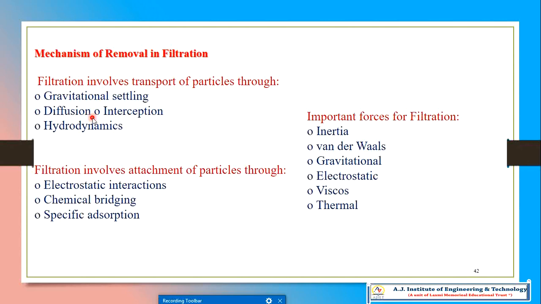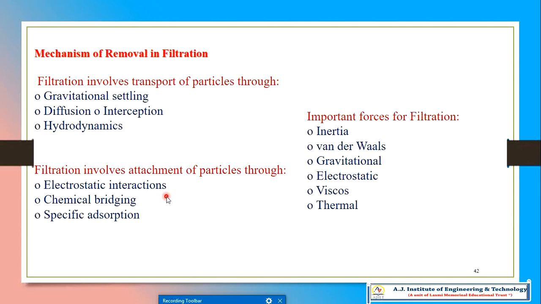That is the flow of the water interacting with the particle, the force which is hydrodynamic. Then filtration involves attachment of the particle through electrostatic interaction, chemical bridging, and specific adsorption.